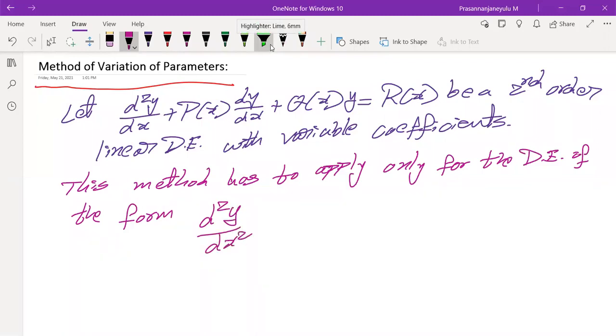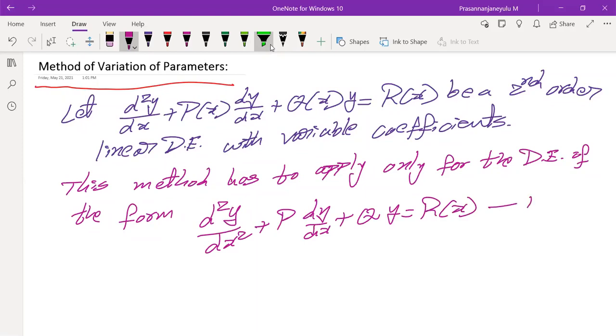d square y by dx square plus p into dy by dx plus q into y is equals to r of x. Taking this as equation number 1, for the differential equation of the form, this one. What is this equation number 1?